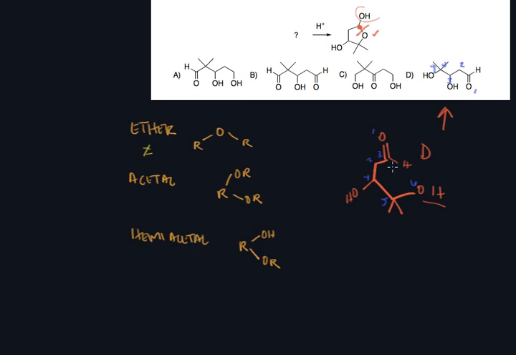Oh, sorry, I miscounted up top here. My bad. So 1, 2, 3, 4, 5, and then that oxygen is number 6. And if you look there, it all lines up right. So the answer is D.